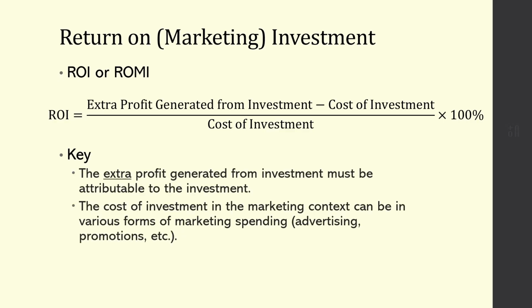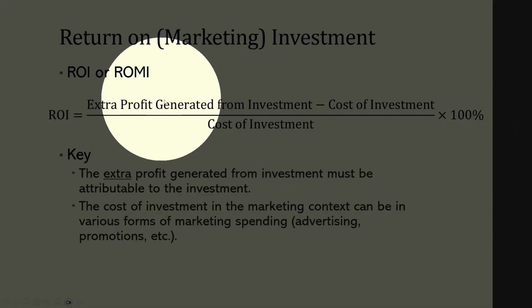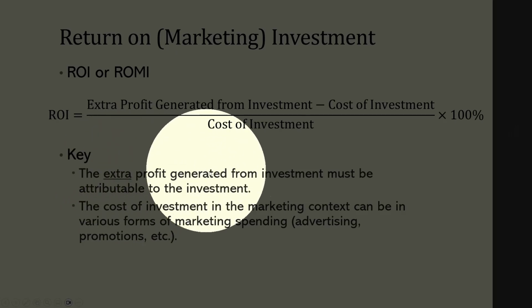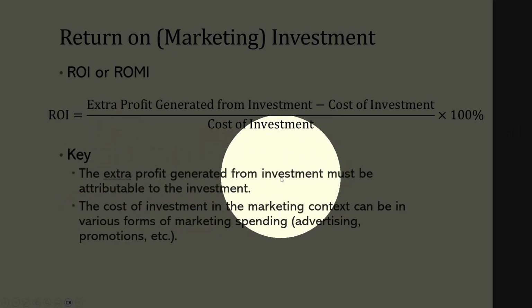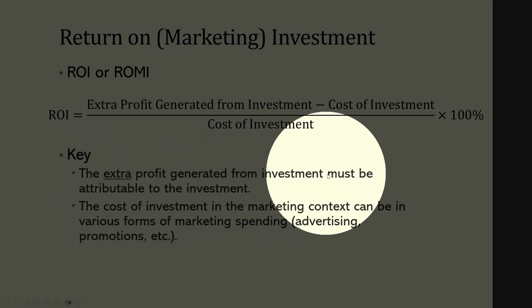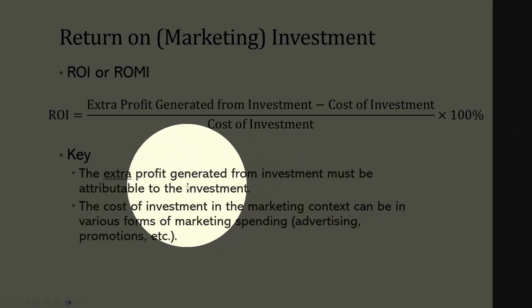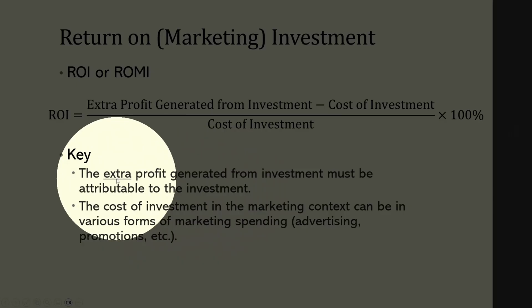And a couple things to be aware of. First is that the profit term here needs to be the actual profit generated from the investment, and it must be attributable to the investment. It's not the total profit, it's the delta, the actual profit.